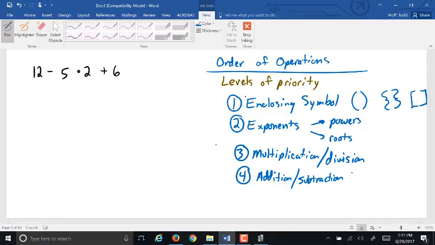Now, this is not a complete list. There are several other things in math, several other operations that are not listed here. We recognize addition and subtraction as being a pair of operations, and probably multiplication and division. Exponents, powers, and roots are another pair of operations like that, as we said. But there are other pairs. There are trig functions and trig inverses that are not here, but are part of the order of operations.